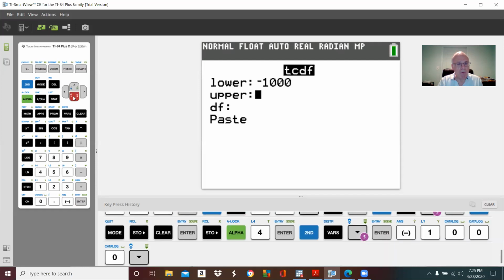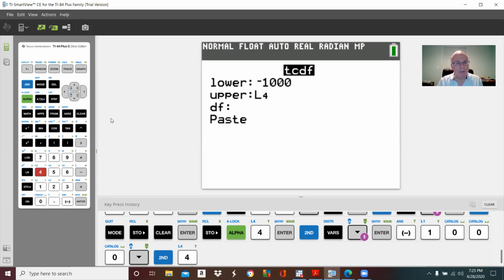My upper limit will be that negative 0.9035, but I've stored it into the letter T. It's just a coincidence it's called T in this case. I could have used any other letter to store it in, like A or B. I used T, so I'm going to hit second alpha 4 here for T.